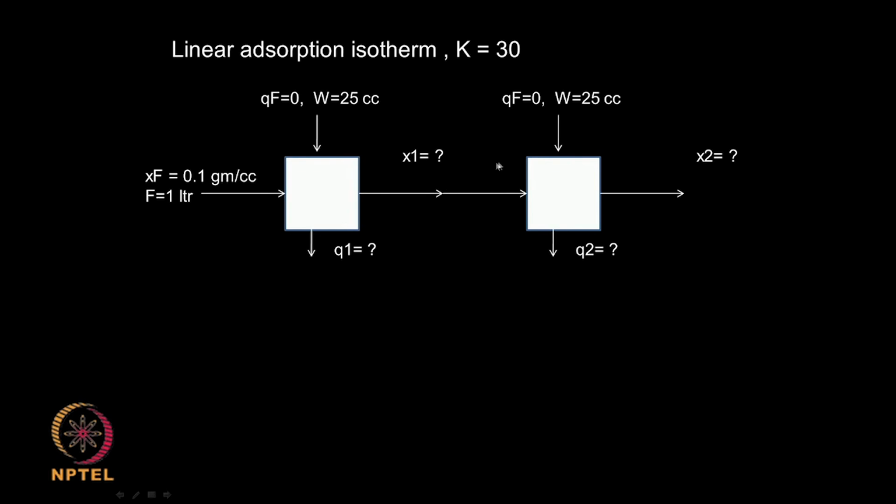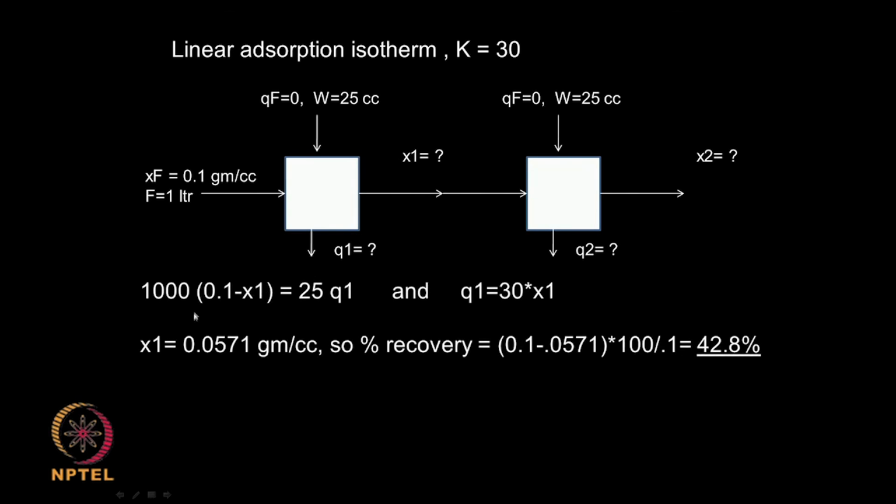Then the same thing goes into the next one, and some solute gets adsorbed. I want to know the final concentration and the overall efficiency of adsorption. For the first one I do a mass balance, I know the relationship and I can calculate x1, that is 42.8% recovery.